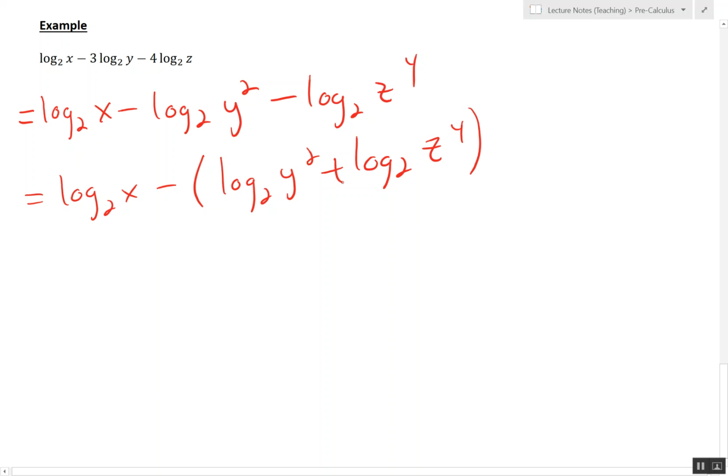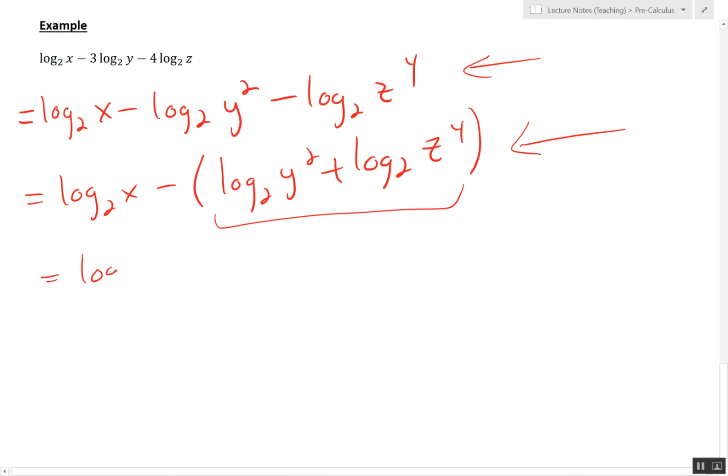And now notice that this turns the problem from something that would have two fractions in it, chances are a fraction within a fraction, to something that can only be expressed as one fraction. So that's very important. If you have two or more terms with minus signs, factor it out. Then we combine what's in the parentheses together.